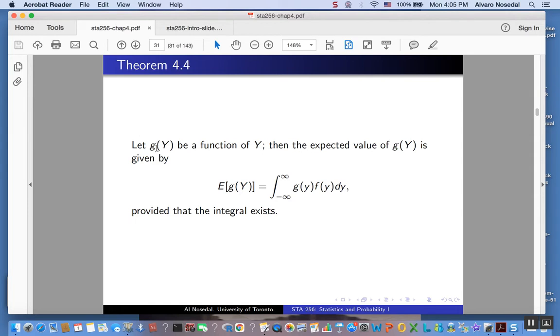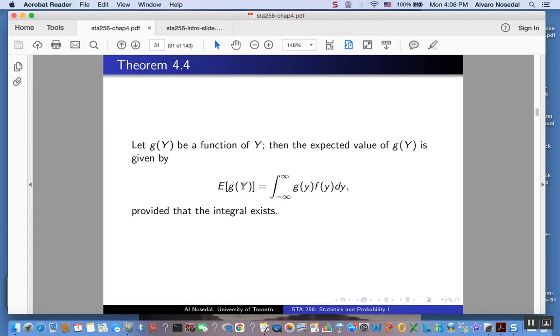Now let g of y be a function of your original random variable, a transformation. Then if you want the expected value of a transformation of your original random variable y, all you have to do is modify the definition of expected value slightly.